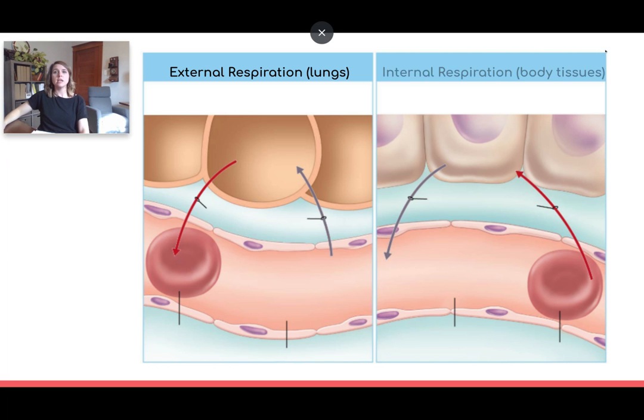And then we have internal respiration. This is when my blood gets to my big toe, let's say, and does the gas exchange there with the interstitial fluid and the cells. So that's the two pictures. Very similar, just kind of opposite in what's coming in and what's going out. But this is gas exchange.